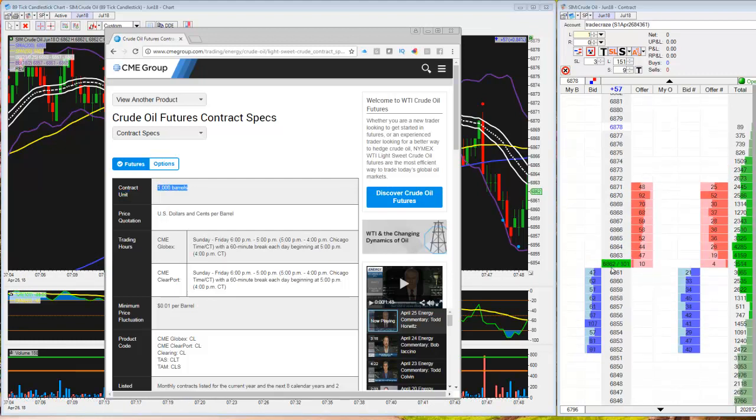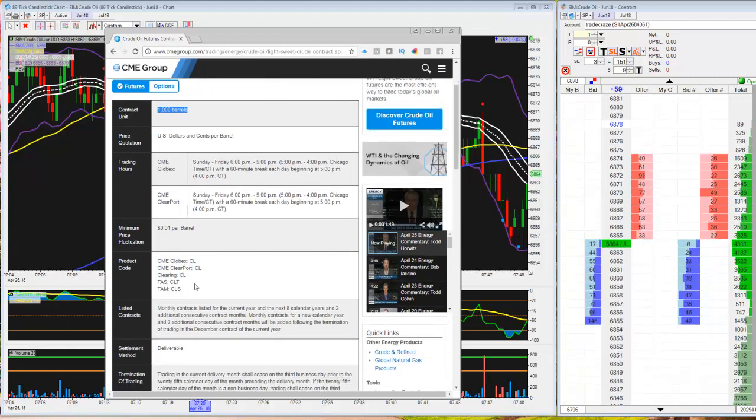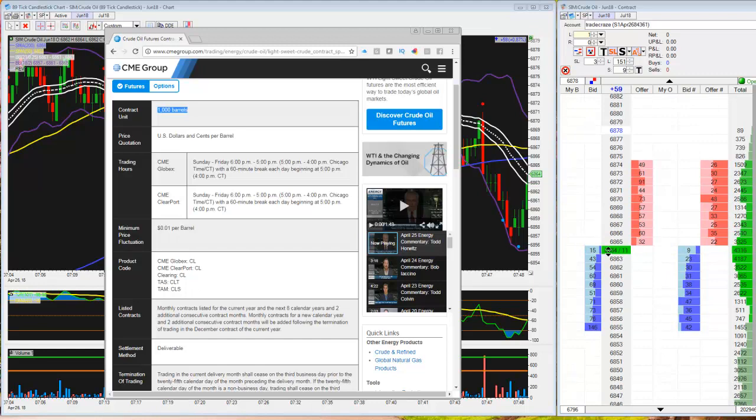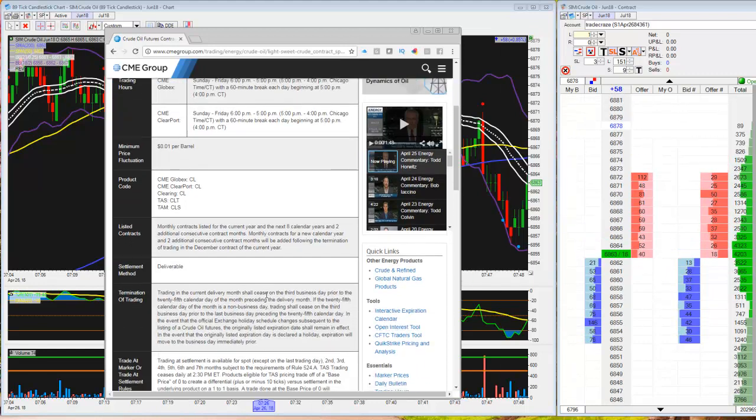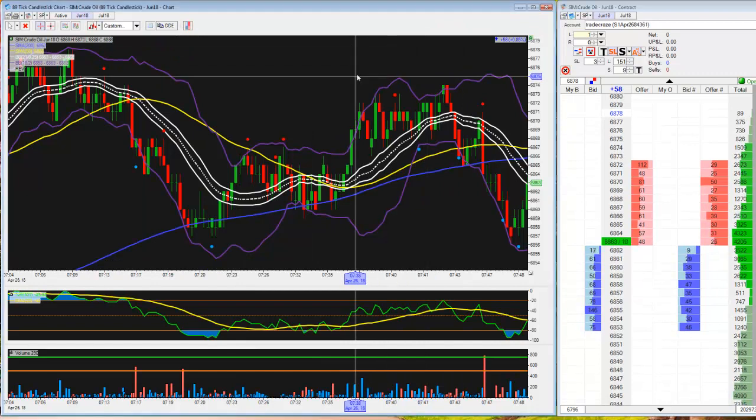As you buy the futures, it talks about the hours, the clearing, what the minimum price fluctuation is, 0.1 cent, and so forth and so on.